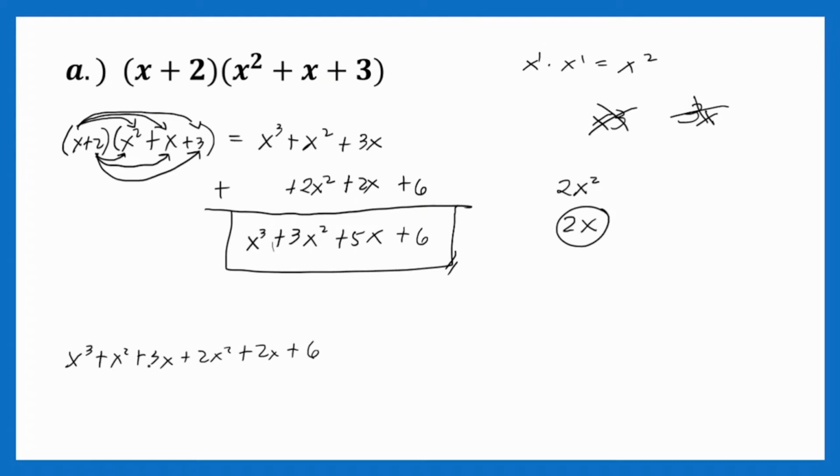Pwede yan i-rearrange mo lang siya, or if ever na master mo na, pwede mo yung i-plus nang diretso. Pero if you are starting, I suggest siguro, ito na ang gamitin ninyo. Alright? If ever naman na, "Sir, parang mas madali po talaga sa akin yung horizontal," no problem. Okay? So, you have your choice naman. If you want horizontal, then do the horizontal.